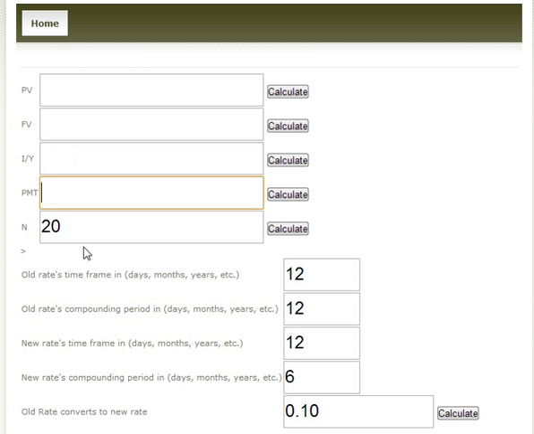So I've got some inputs here, and so let's imagine that we were asked, if I'm going to have, say, $1,000. So there's a $1,000 engagement ring, and we're going to pay $50 every month for 24 months. And we want to figure out, all right, well, what's the interest rate implied by those payments?